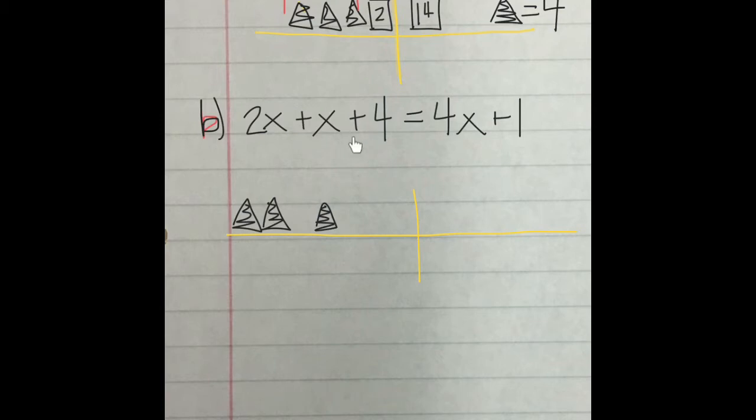And then I've got plus 4, or a number cube 4. On the right, I've got 4x, or 4 triangles. And number cube 1.